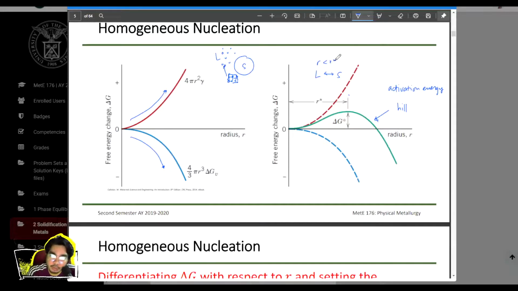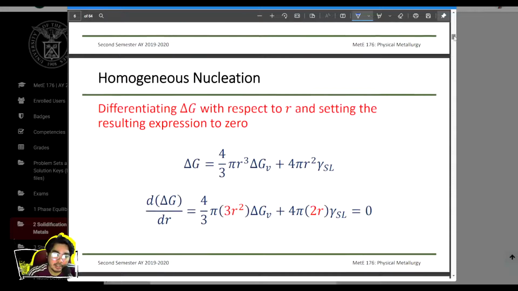It is required na ma-overcome mo yung activation energy, na once na lumagpas ka na sa critical R star na to, itong associated R value of that delta G star, then you can be sure na continuously mag-grow na yung grain mo kasi it will continuously go downhill na from here. Okay? So you need to overcome this activation energy and it has an associated R star. So ang tawag natin dyan is the critical radius, no?